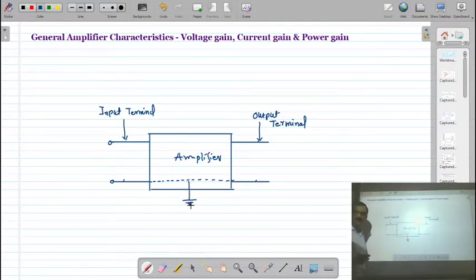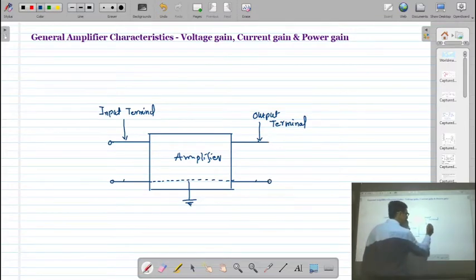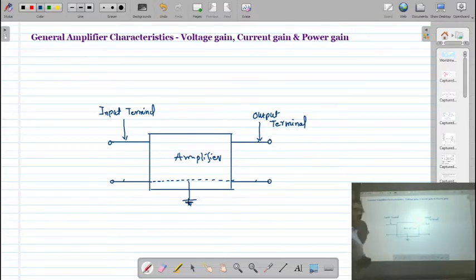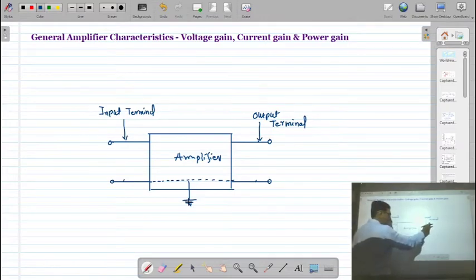It is not necessary that it is always connected to the ground, but in a normal, general amplifier, one of the input terminals and one of the output terminals is always common and connected to the ground. So in this way the amplifier has three terminals: one input terminal, one output terminal, and a third one, the ground terminal.